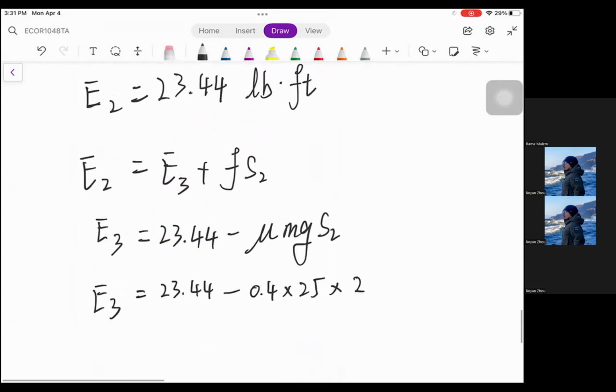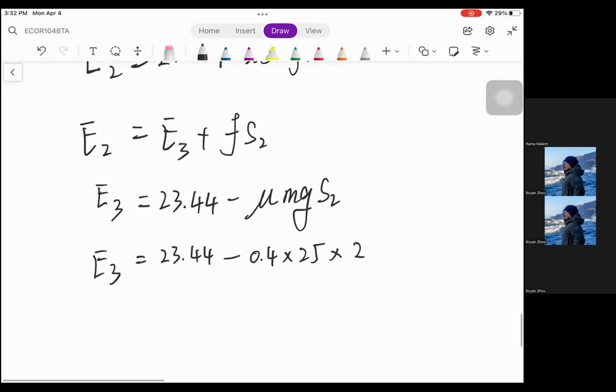Now the energy at location 2 is equal to the energy at location 3 plus the energy lost in the moving process. So energy keeps being lost, so that is 23.44 minus 20.